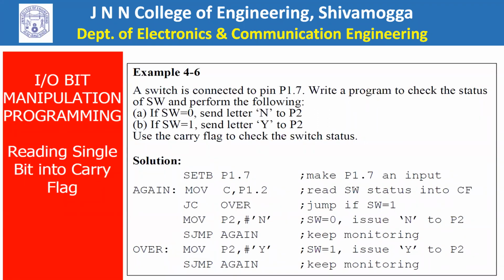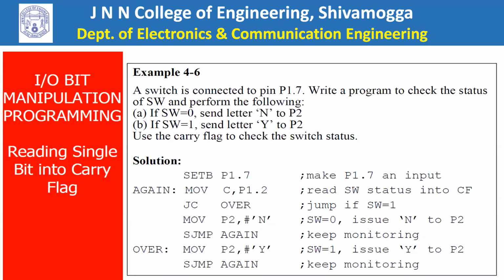Next program. If a switch is connected to P1.7, write a program to check the status and perform the following. So this we have seen. Use the carry flag to check the status. That is a very interesting thing. You are reading the port P1.7 to carry, then you are checking it.